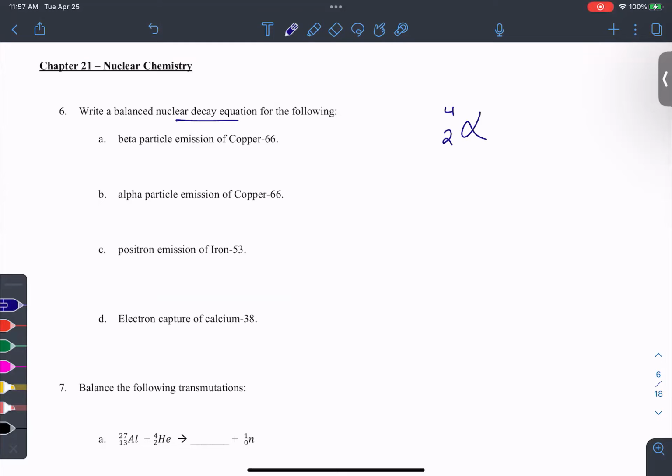Since it's a helium nucleus, there are no electrons present, so technically an alpha particle has a +2 charge. But again, in nuclear balancing, we don't care about charge, so we just ignore it. As long as you keep track of the number of protons and neutrons in your balanced equations, these solve themselves essentially, all right? We just need to make sure things are mass balanced on each side.